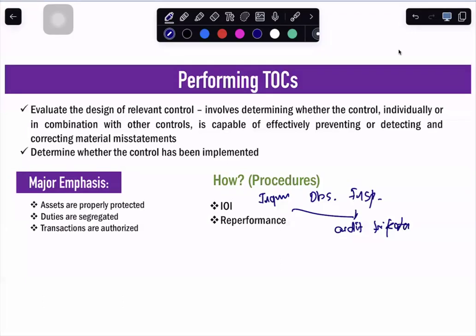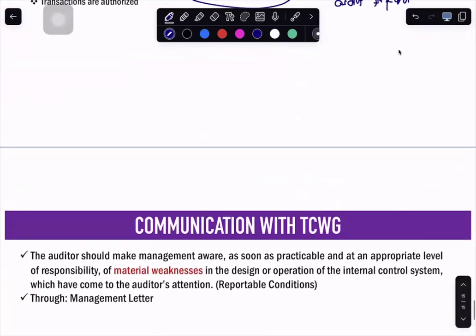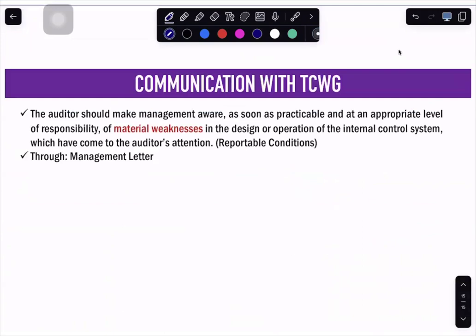Even in completing the audit, we do it. So test of controls, substantive tests, completing, we do it. And then what's new here in your test of control is reperformance. Again, we perform the policies or procedures. And then we also communicate with those charged with governance. What we only communicate are the different material weaknesses.